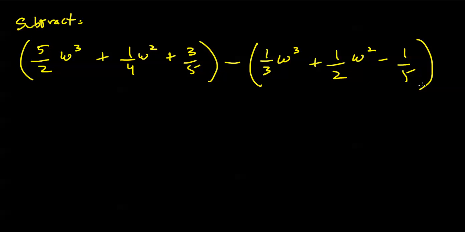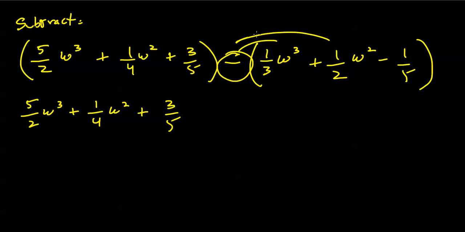Alright, so I've got a trinomial of degree 3, minus another trinomial of degree 3, in one variable here. Well, as a first step, I'll simply rewrite the first trinomial and drop the parentheses, but again I've got to carry this negative sign through all three terms of the polynomial I'm subtracting.